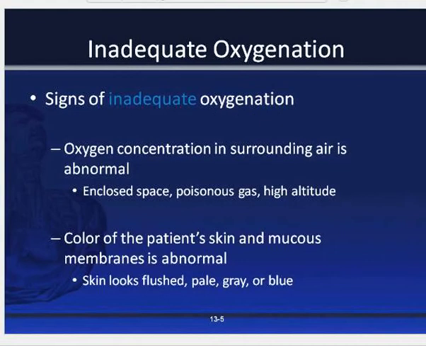Signs of inadequate oxygenation include oxygen concentration in surrounding air being abnormal, such as an enclosed space, poisonous gas, or high altitude. Also, we'll take a look at the patient's mucosal membranes and their skin and see if the color is abnormal. If the skin looks flushed, pale, gray, or blue, those are all bad signs.